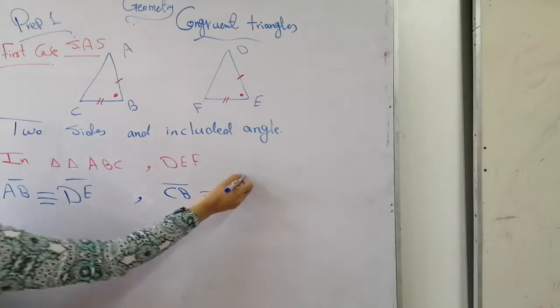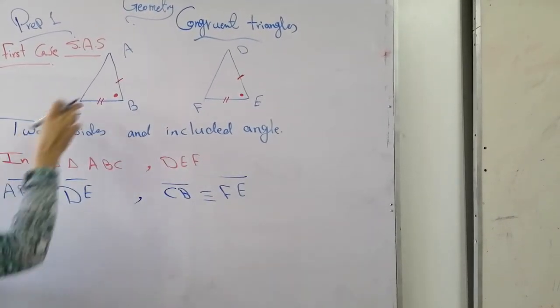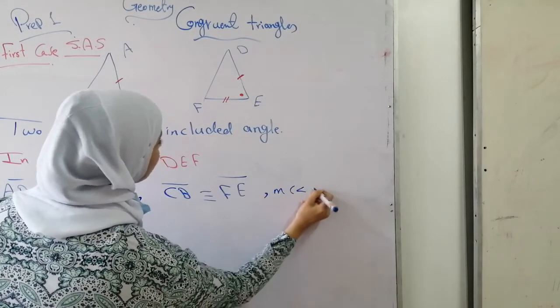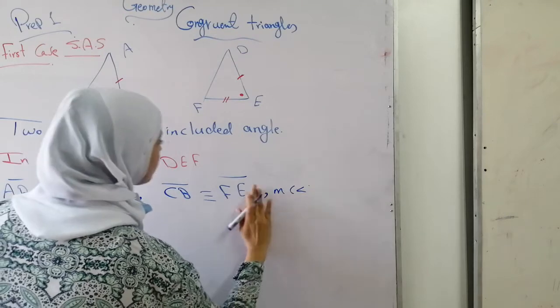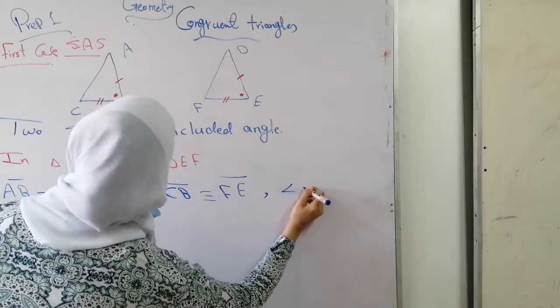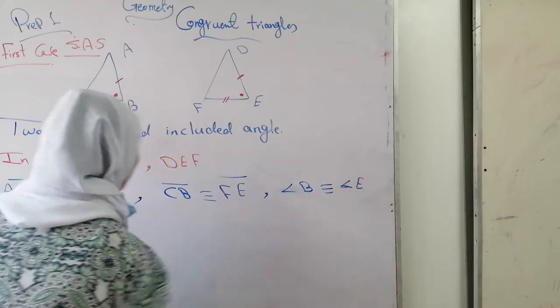I have these 2 sides. What is the included angle in these 2 triangles? In congruency we don't write measure. We write angle B congruent to angle E. What is the meaning of congruency?